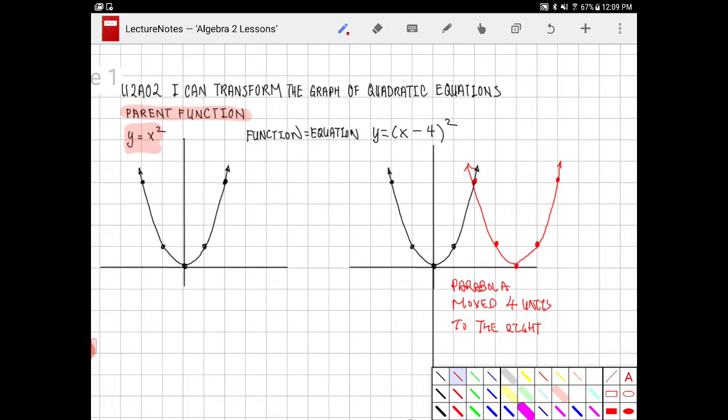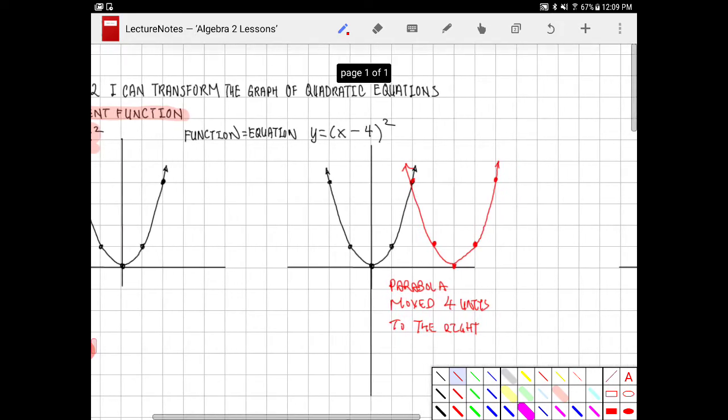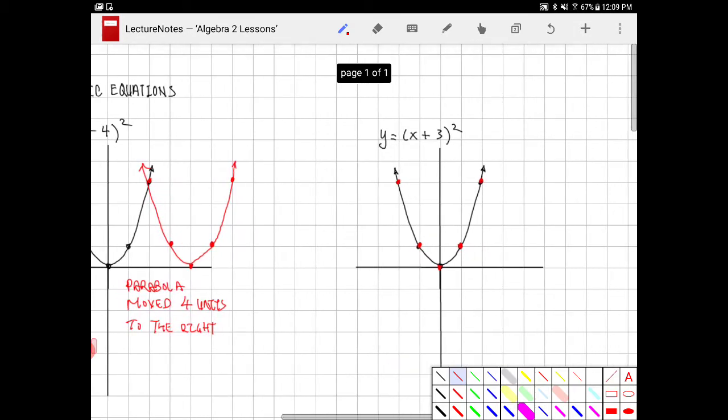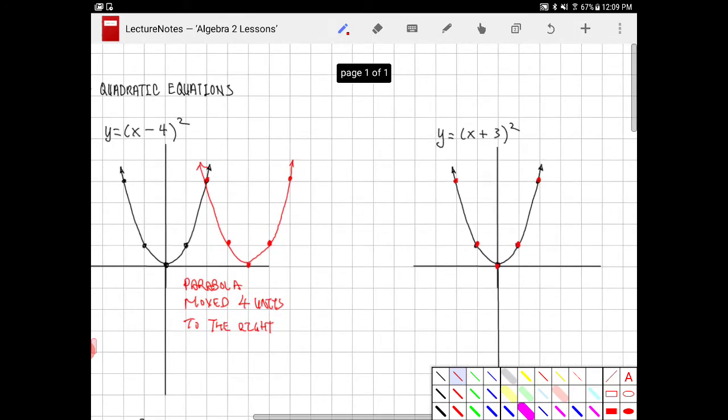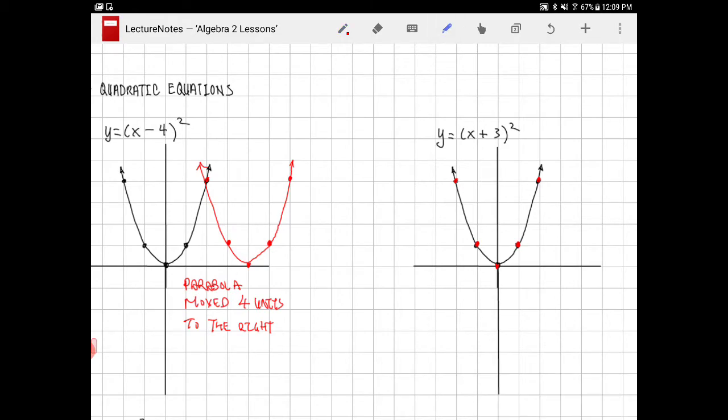All right. And then moving on. So having just seen that (x minus 4) quantity squared moved the parent function 4 units to the right, if you were to make an educated guess as to what will happen to this guy, (x plus 3) quantity squared, if you were to enter this in the calculator, you would see that the points will move 3 units to the left.